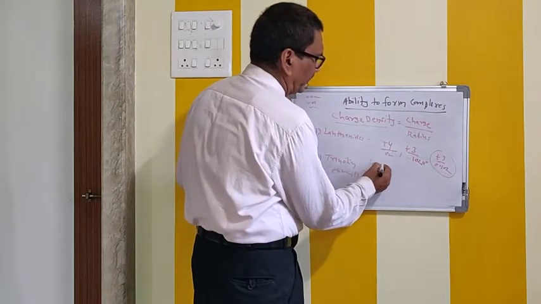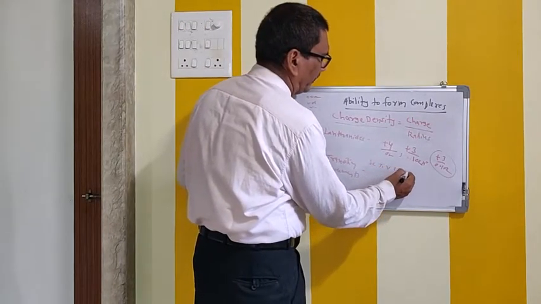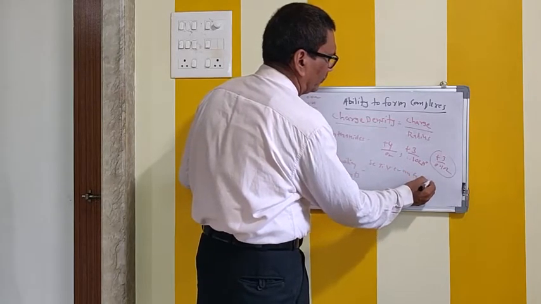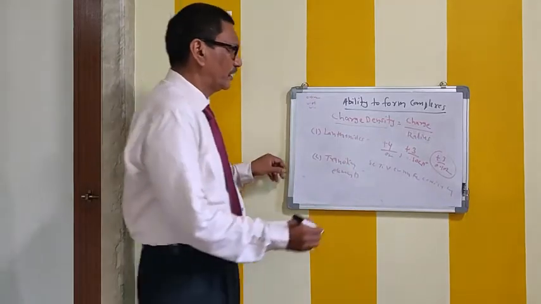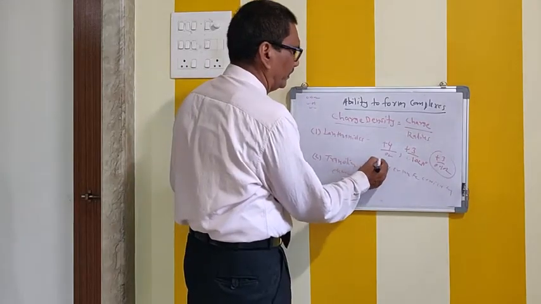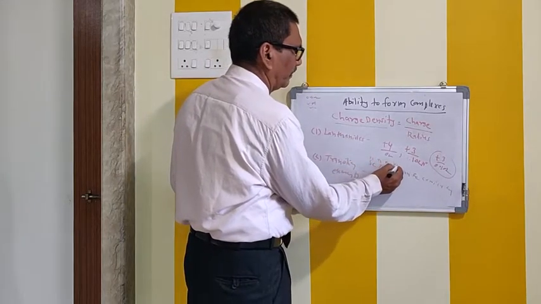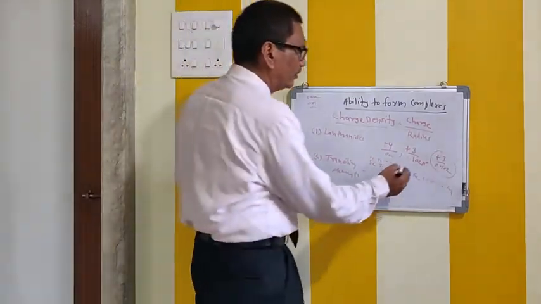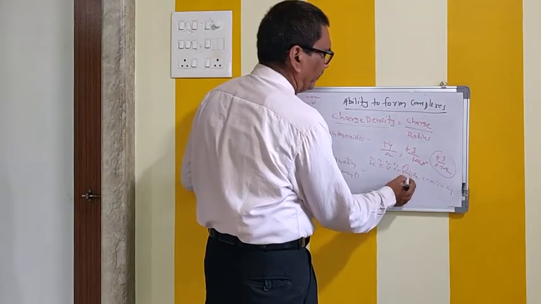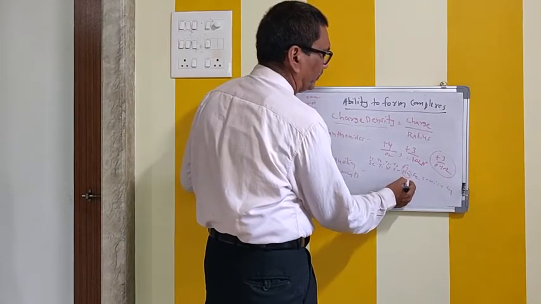Sc, Ti, V, Cr, Mn, Fe, Co, Ni, Cu, Zn: this is the first transition series. Starting from scandium plus 3, titanium plus 4, and so on, manganese can show the maximum charge of plus 7.